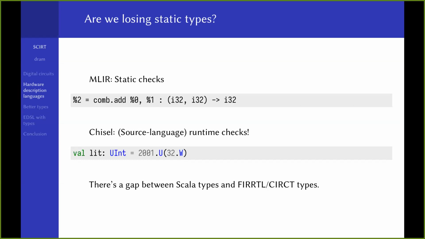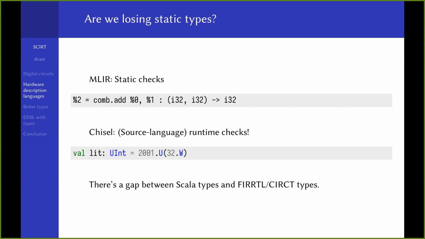But in Chisel, we're losing some of these static checks, and we're making them dynamic. For example, we're making a 32-bit integer literal call, and the value is 2001. However, the type itself is only UInt, and it's not telling you that this variable lit is a 32-bit integer and not a 64-bit one.